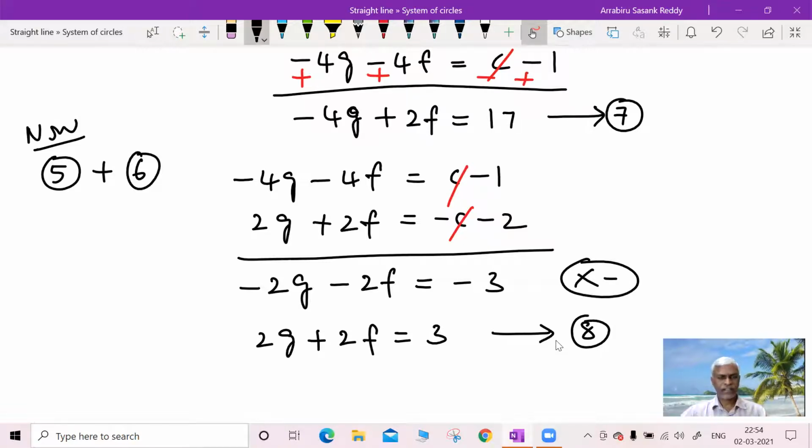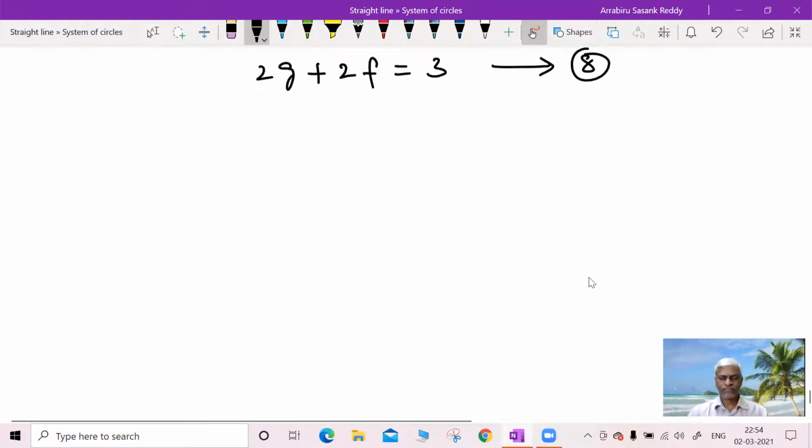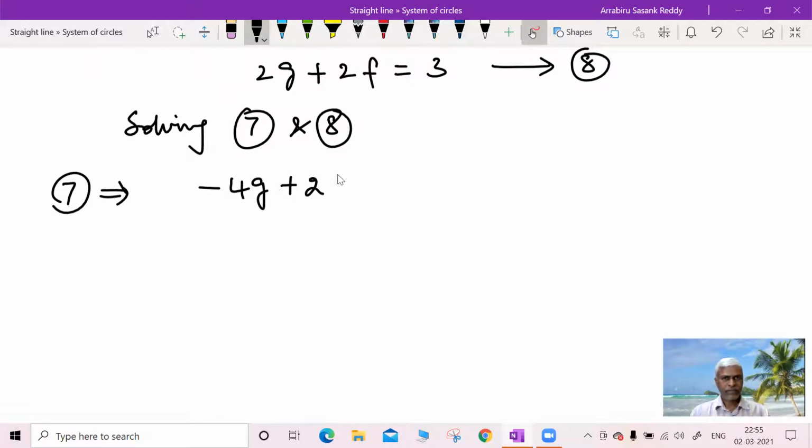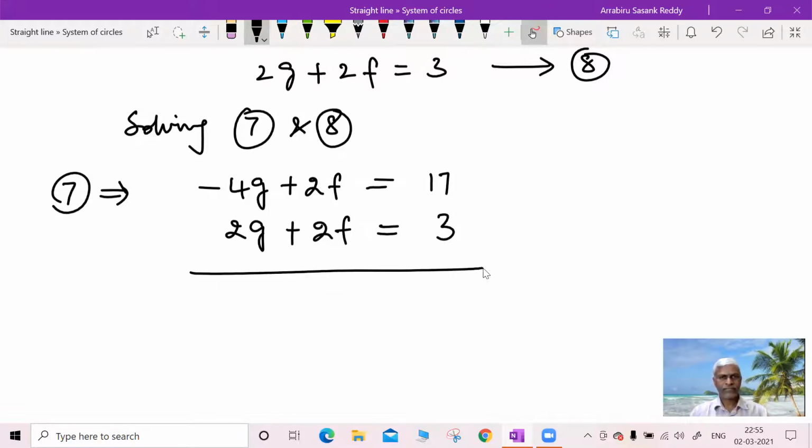Solving 7 and 8. The seventh equation is minus 4g plus 2f is equal to 17, and 2g plus 2f is equal to 3 is the eighth equation.